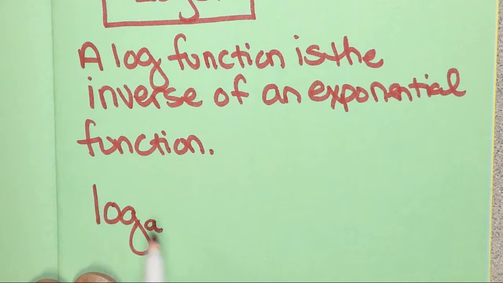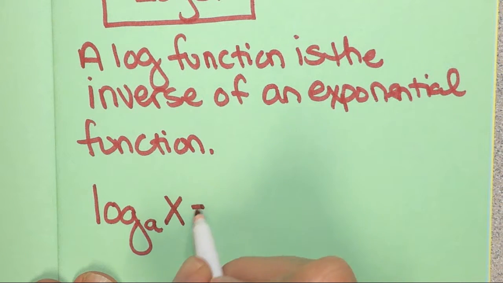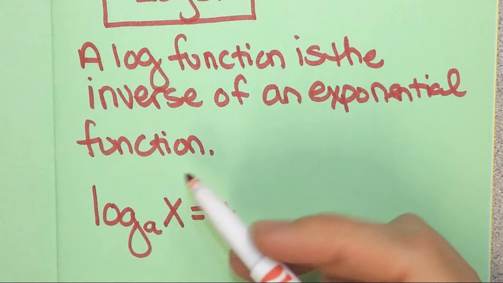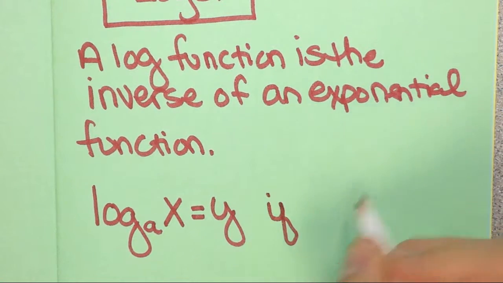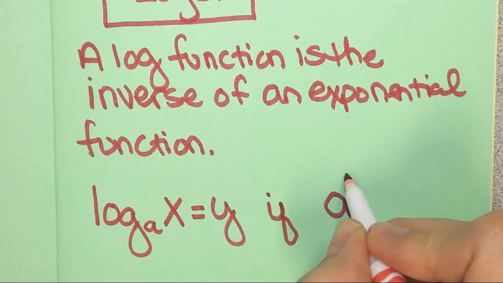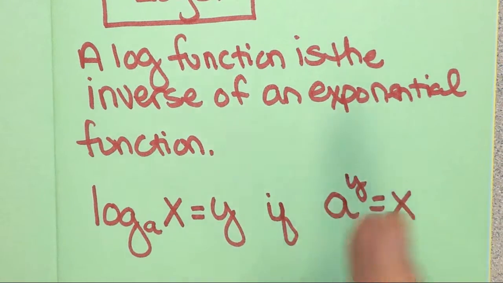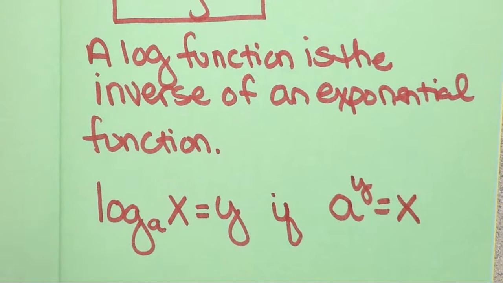This is called log base A of x equals y, and it's going to equal log base A of x equals y if the original function was a to the y equals x. Do you see how the x's and y's flipped? Because they're what to each other?